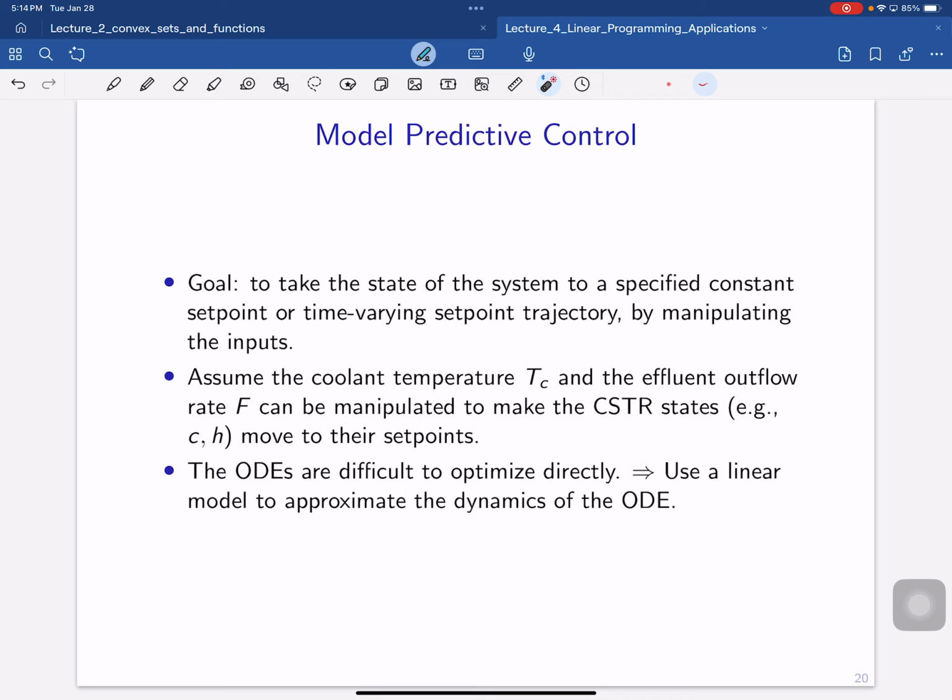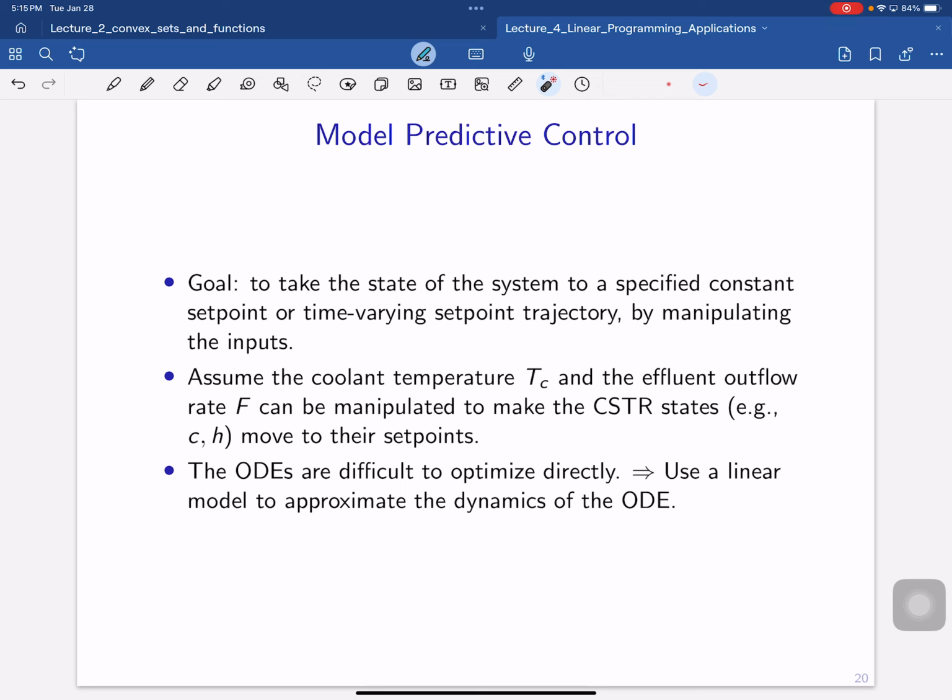If you want those variables to operate at steady state, ideally you want to optimize the ODE directly because it is a very accurate description of what's going on in this physics-based system. But optimizing over ODEs is very challenging. We are not even covering how to solve optimization problems with ODE constraints in this course.